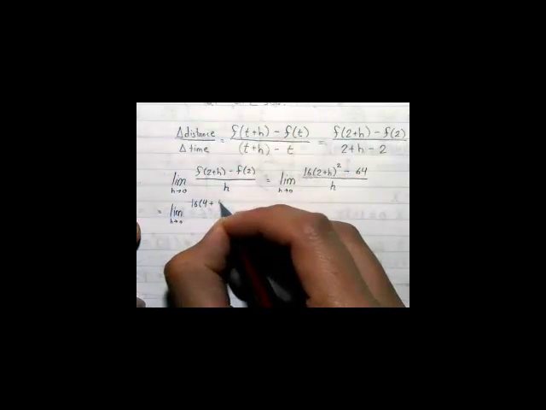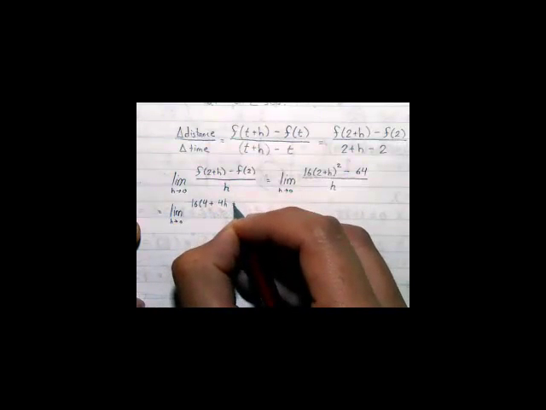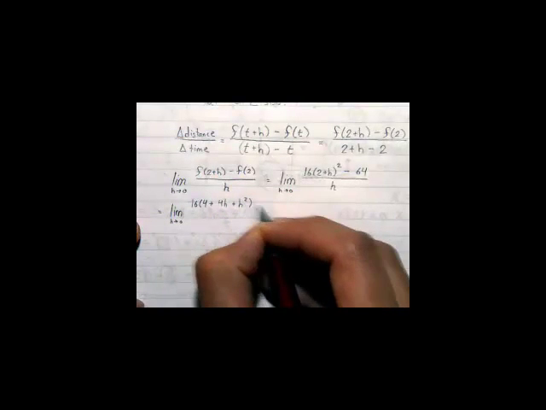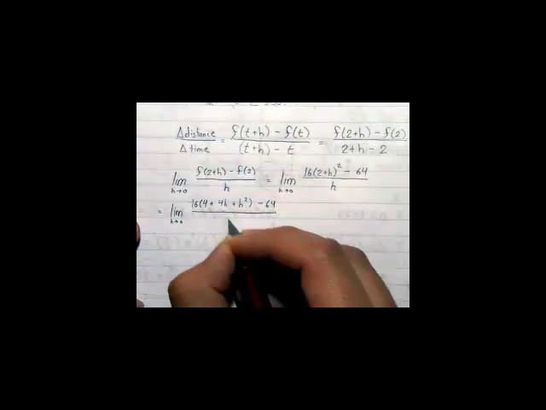So we end up with 16 times 4 plus 4h plus h squared minus 64 divided by h.